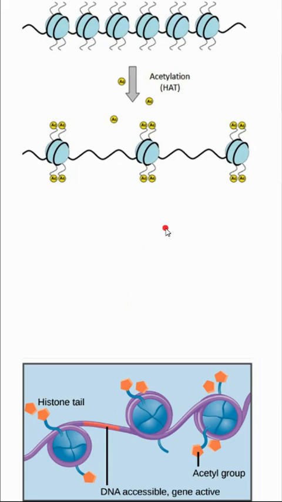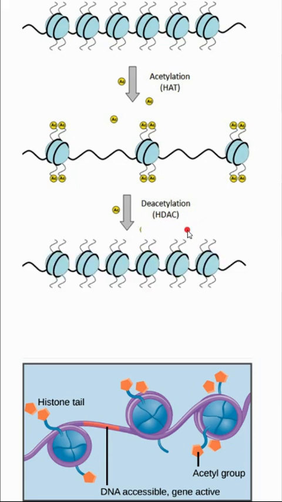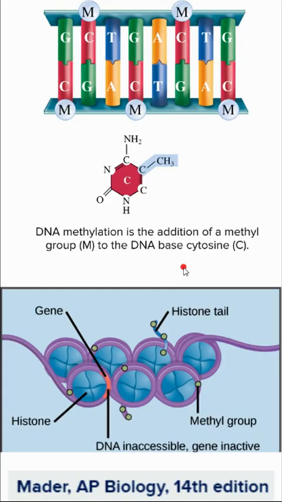Now, this process is also reversible, so you can have deacetylation through the activity of a different enzyme, the HDAC enzyme, which then would remove the acetyl groups and tighten back up the chromatin structure. Another thing that closes off the chromatin structure and makes DNA inaccessible is methyl tags or methyl groups.